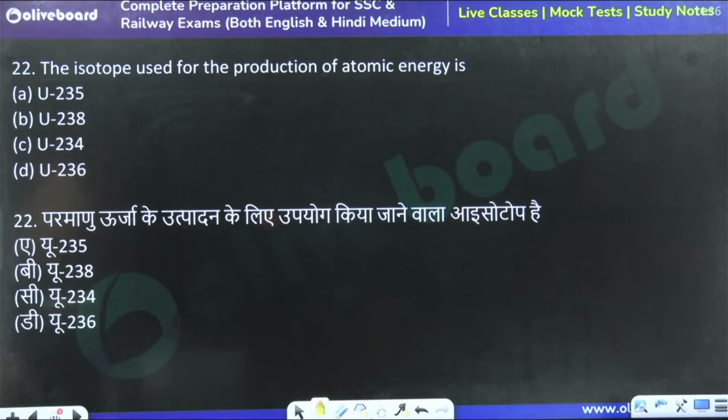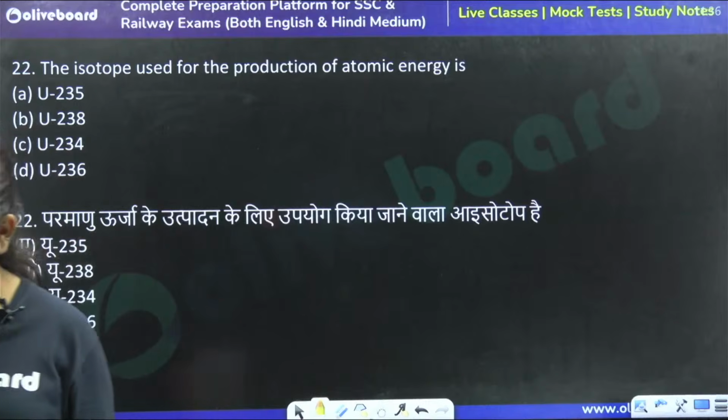Next, the isotope used for the production of atomic energy.